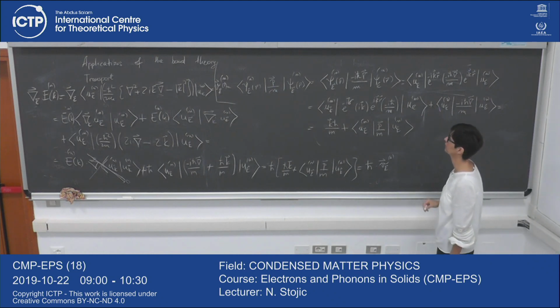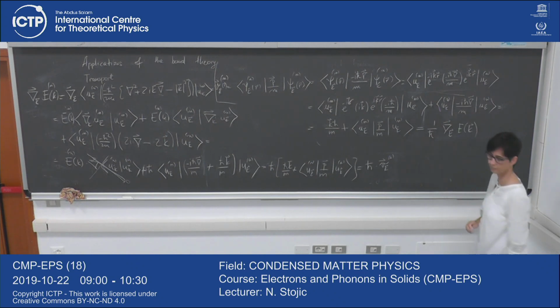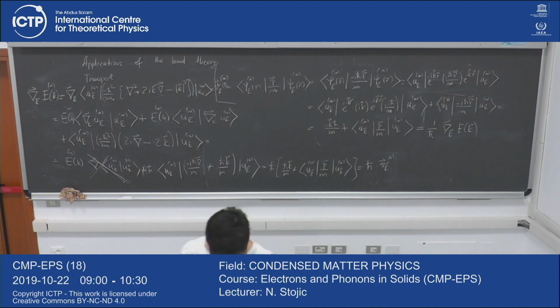In other words, I can express the velocity as 1 over h times the gradient. Is that part of the derivation okay? It's really basic.